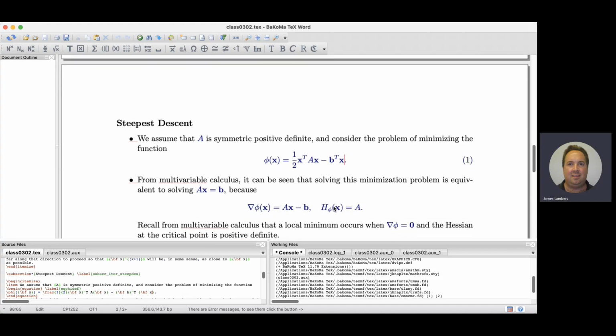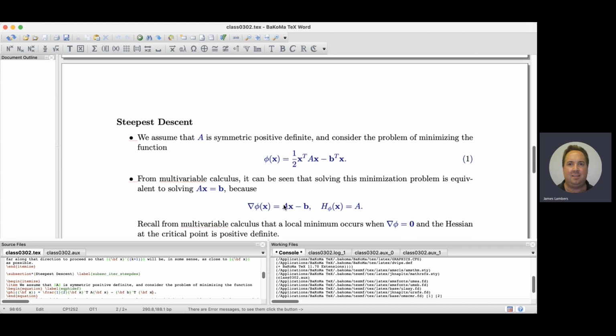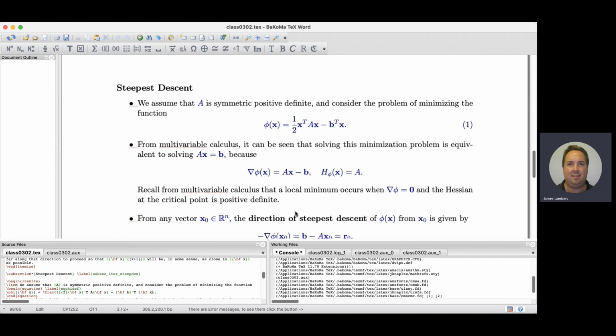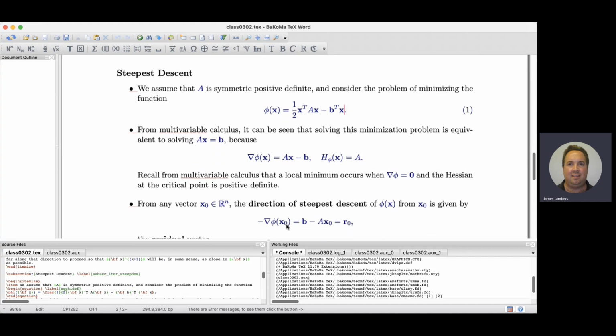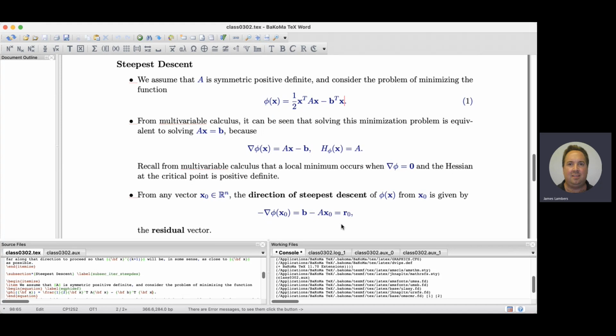The gradient of this function is Ax - b. Now recall from multivariable calculus that the direction of steepest descent is minus the gradient, so that would be b - Ax, whatever x you've plugged in. That is the residual, you may recall, from before. And the Hessian of our function phi, in this case, is just A, which is assumed to be symmetric positive definite. So we just have to find out where the gradient equals 0, and we will have our minimum, and also our solution, x.